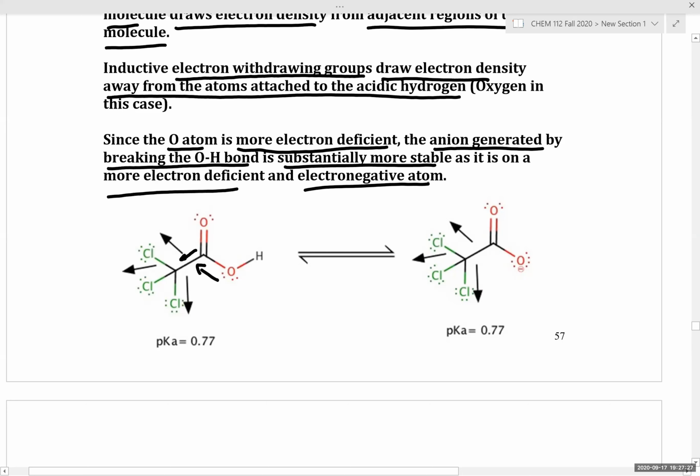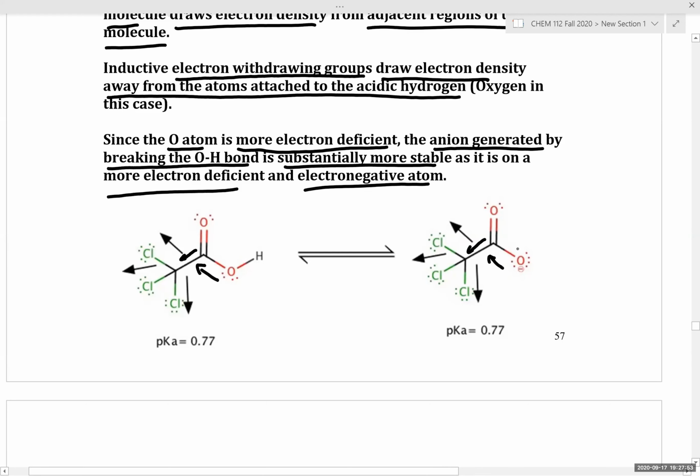So I like to think of induction as increasing the quote unquote effective electronegativity, how your atom actually behaves. This oxygen is more electron deficient than usual, and as a result, this oxygen can more readily stabilize your negative charge.